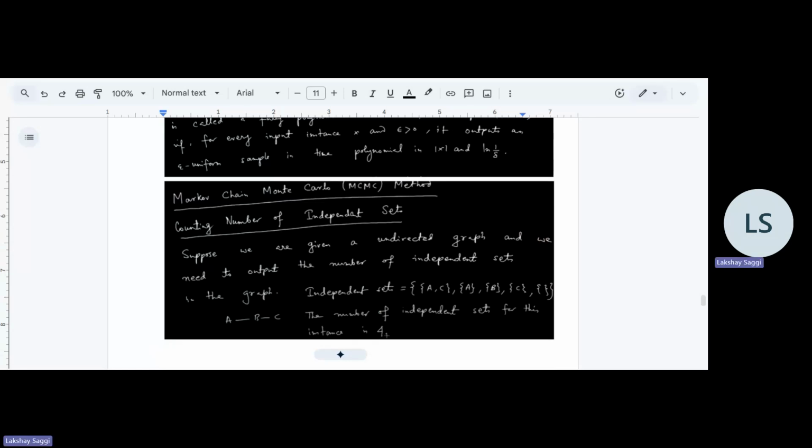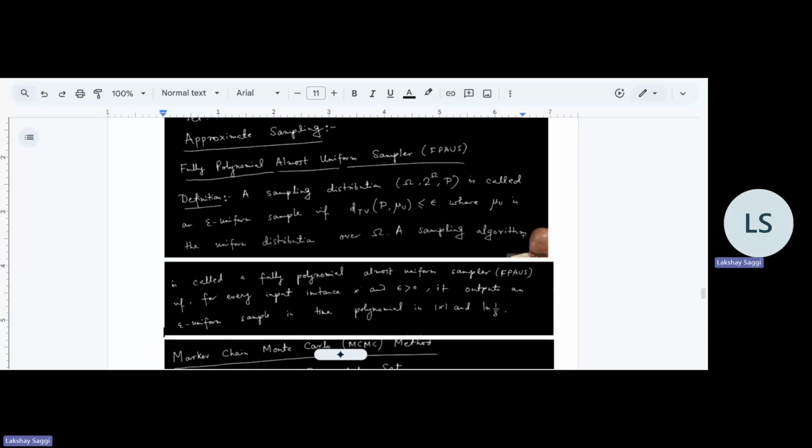For this approximate sampling, we had already seen an example in the previous week, where there was a problem of sampling an independent set at random. Suppose we want to uniformly randomly sample an independent set from the given graph.